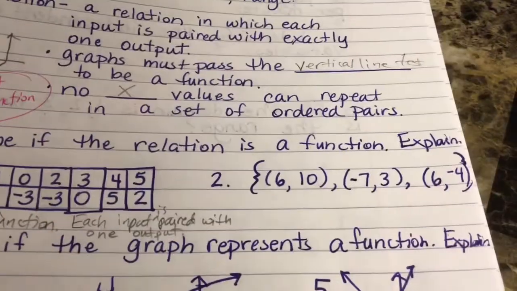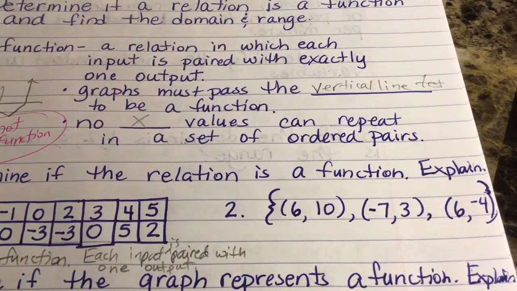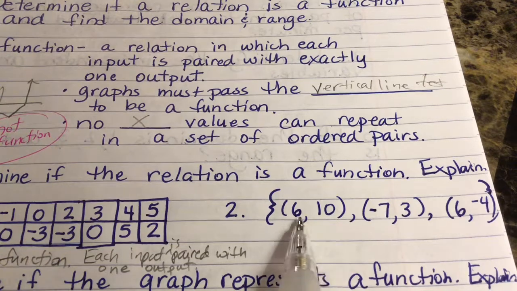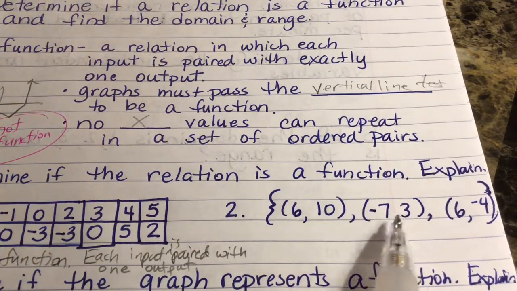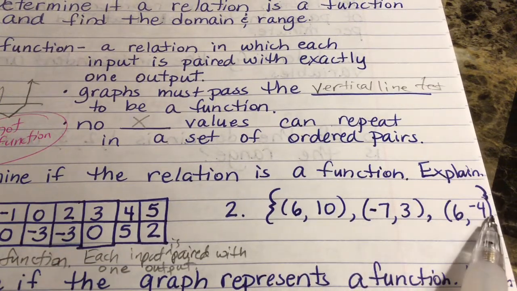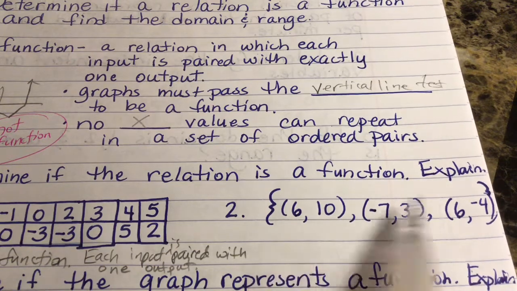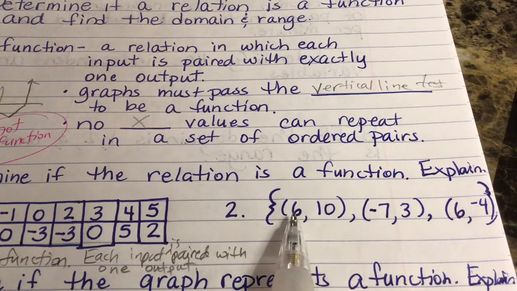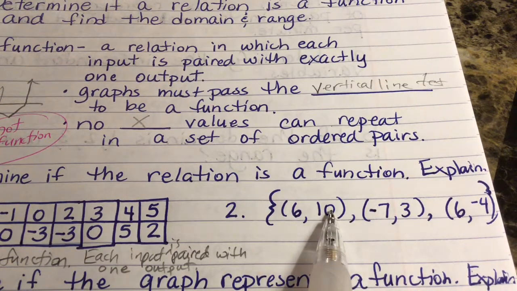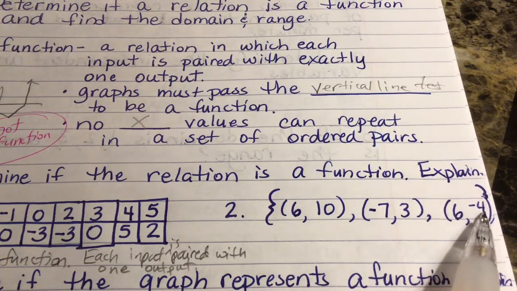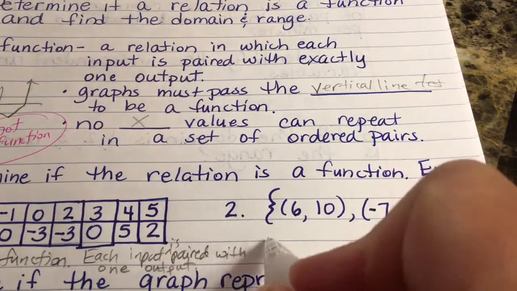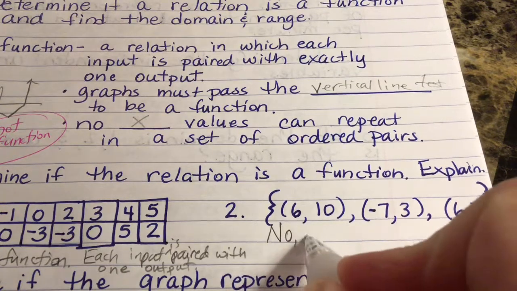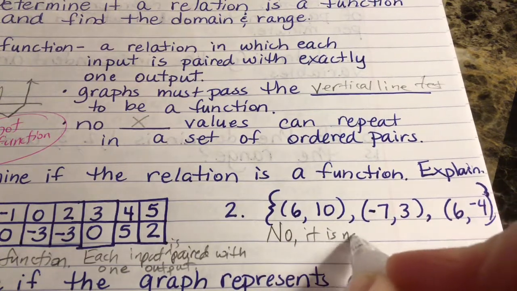Okay, so here, let's look at number 2. Is this relation a function? 6, 10, -7, 3, 6, -4. And the answer is no, because 6 is paired with 10, and 6 is also paired with -4. So this one would be no, it is not a function.